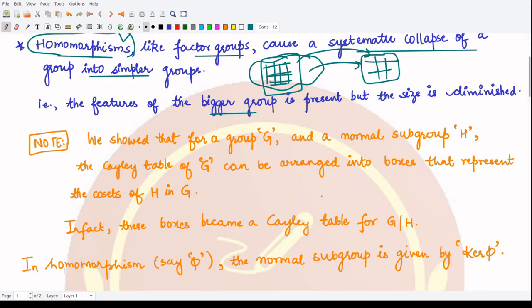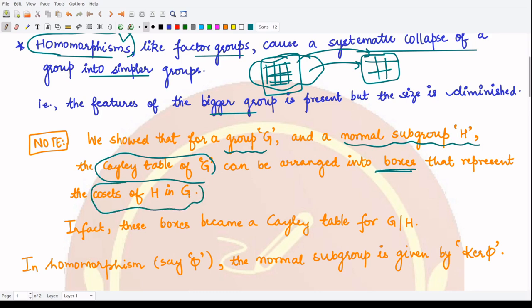You have already studied that for a group G with a normal subgroup H, its Cayley table can be arranged into boxes which represent the cosets of H in G. This is a result that we have already shown.